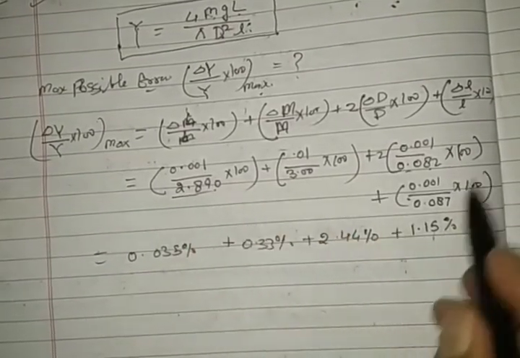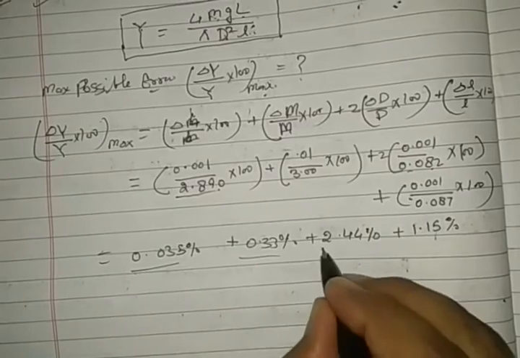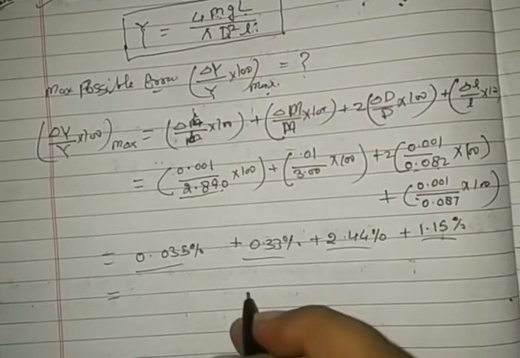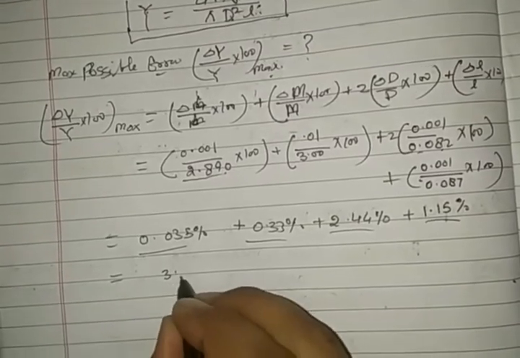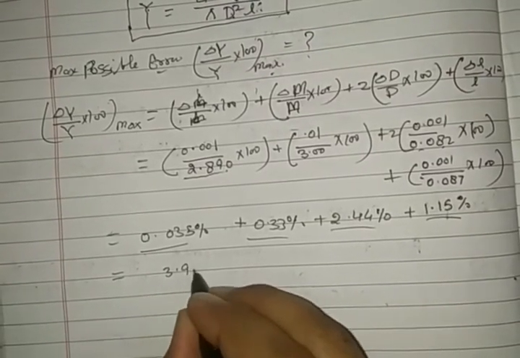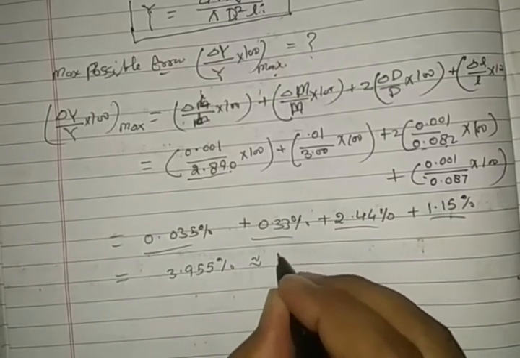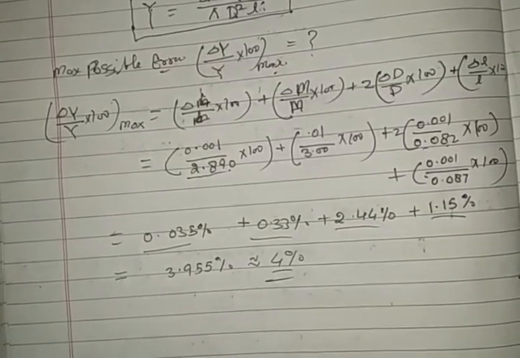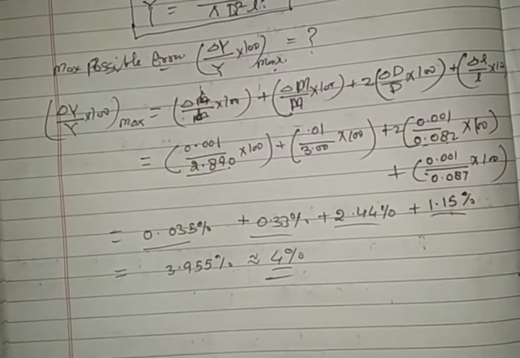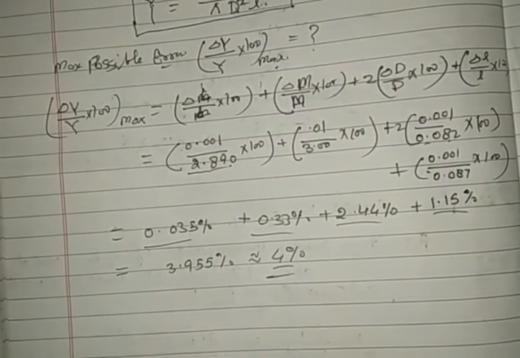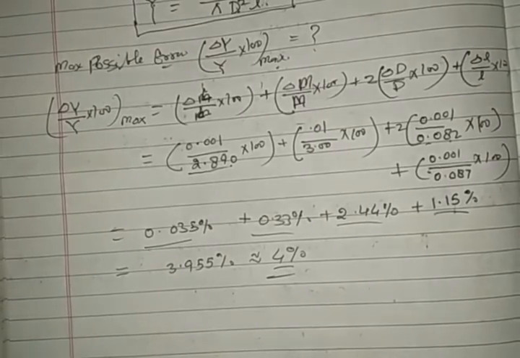Now see these 4 are calculated in different percentages. After adding all these percentages, it comes to 3.955%, approximately 4% error.